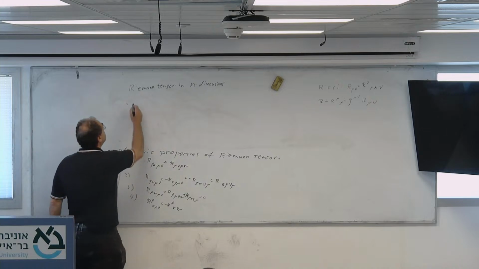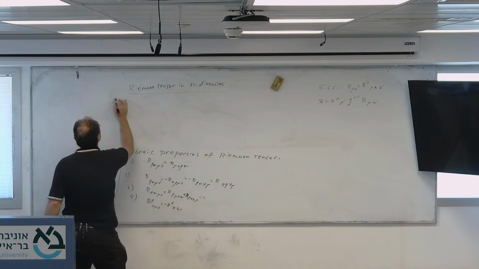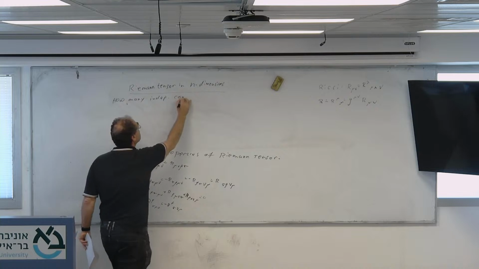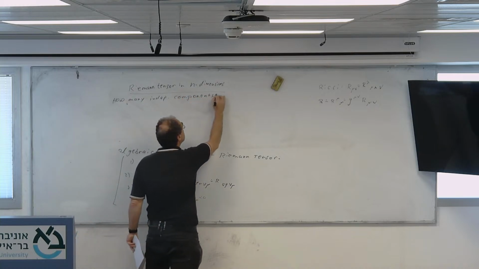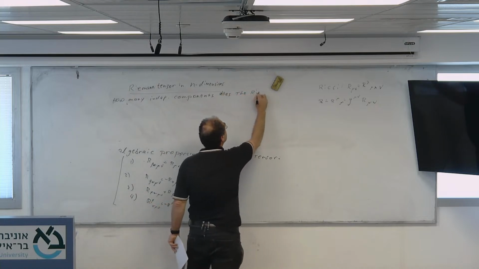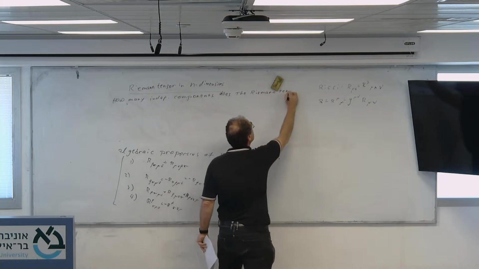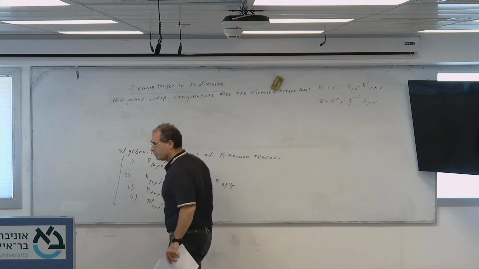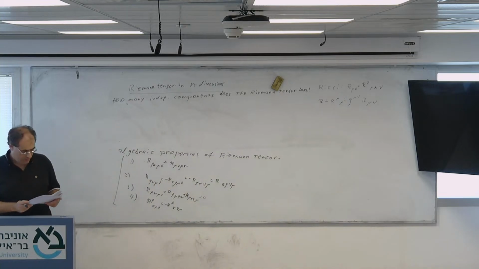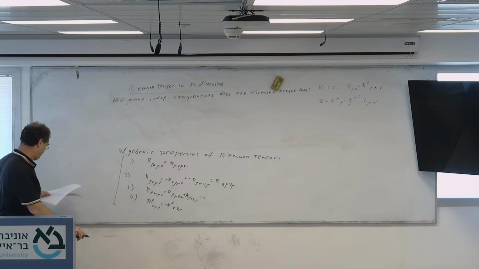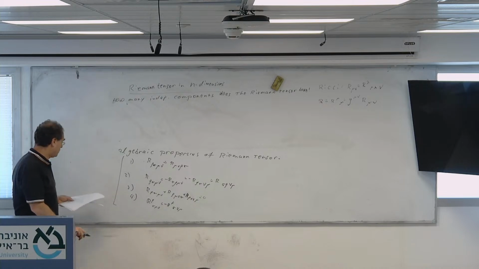So how many independent components does the Riemann tensor have? Okay, the first thing to note is the following.